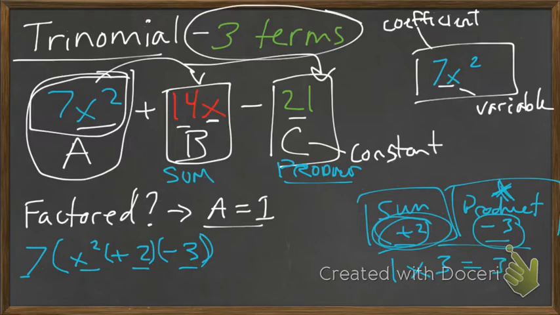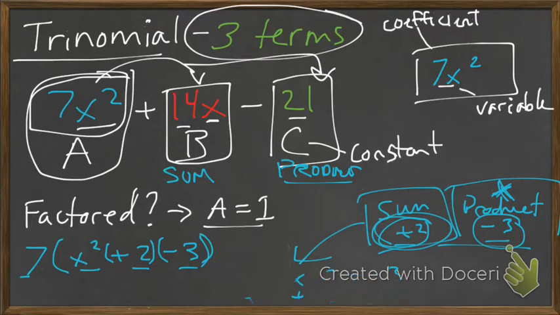So 1 multiplied by 3 is 3, so that can't be the answer. I'm sorry if the hand is in the way here. I can actually write that further down here. So if I do positive 1 multiplied by negative 3, that will give me negative 3. But if I do positive 1 plus negative 3, that gives me negative 2 as a sum, so that's incorrect.